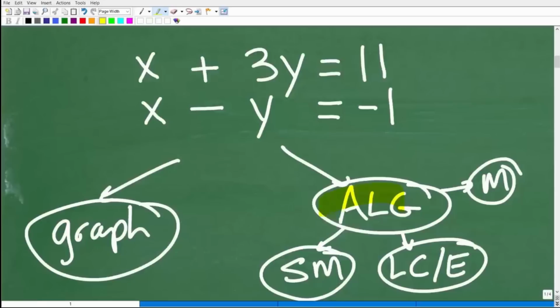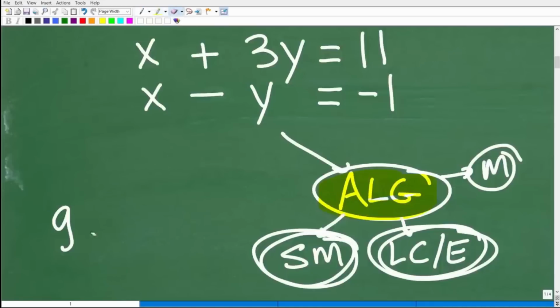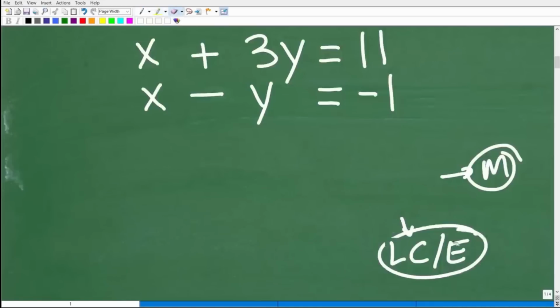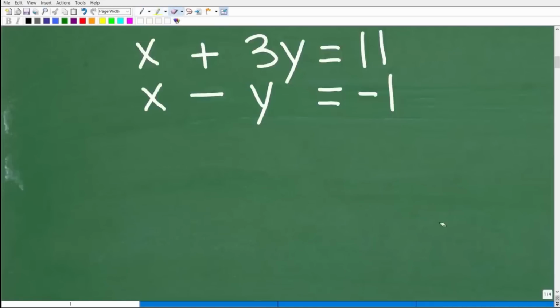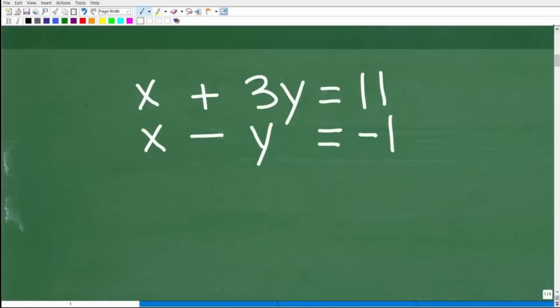So from a practical standpoint, you always want to use algebra, and the main techniques are the substitution method and the linear combination elimination method. You need to know both of those very, very well. Let's take a look at this problem, and I'm going to give you my insight on which way to go.